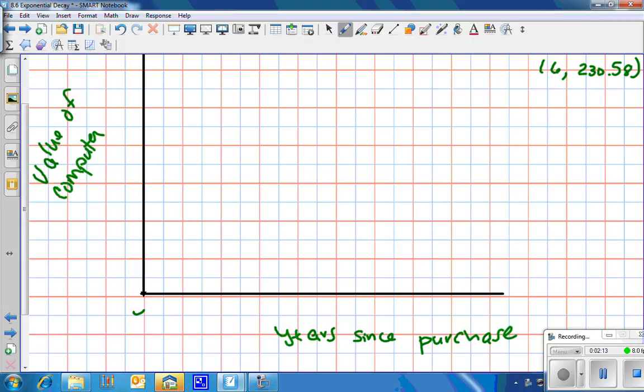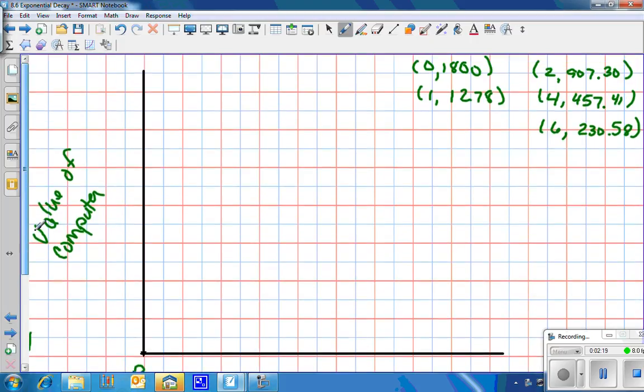Again, you're starting at 0, so that's your 0. And we want to talk about the value of the computer. I don't want to do a line break in an exponential decay because it's going to change how it will look in the end. It's according to how many years you're looking out into it, but I don't want to. All right, so I'm going to start at 1800, and I need to determine my scale.